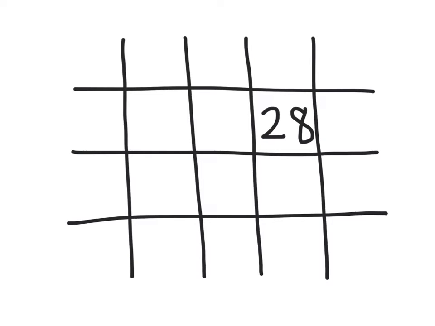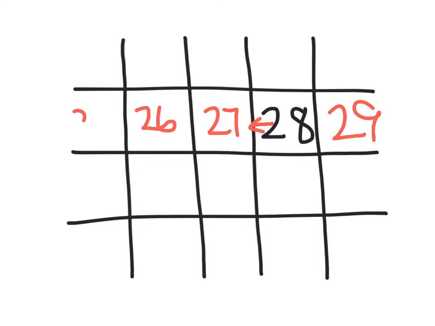Okay, here's another one. It's the number 28. So I will go ahead and I will go up one. That's 29. Now I'm going to go backwards. I'm going to go one less this way. So 28, 27, 26, 25.